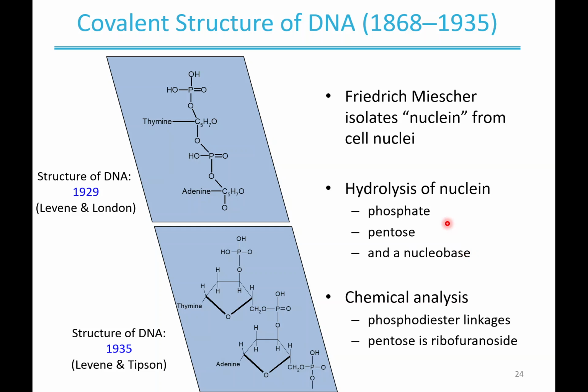They knew the ratios of the three components, and they also would do chemical analyses, and they would find there was phosphodiester linkages. So they knew that the phosphate groups were involved in the linkages, and that the pentose was ribose sugar. Right. So in 1929, Levine in London published this structure.